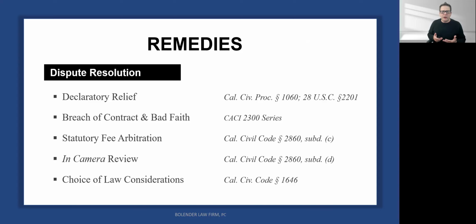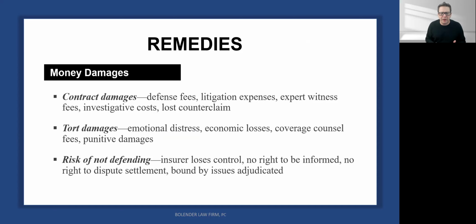So how do you go about making a policyholder whole when the insurance company has refused to defend? So I would ask you to consider it by the following metaphor.